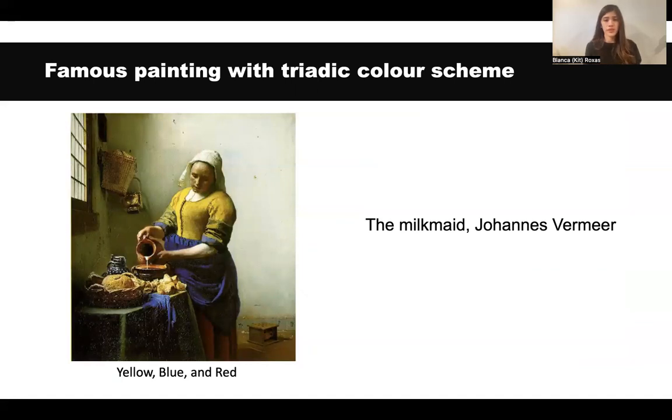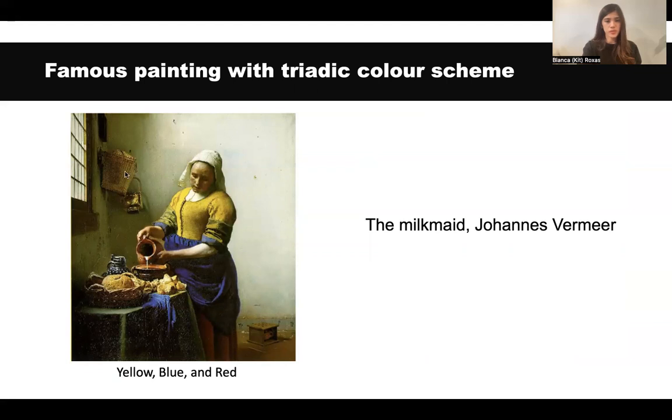So this painting is The Milkmaid by Johannes Vermeer. So I'm not sure if some of you are familiar with Johannes Vermeer, but he's the one who painted The Girl with the Pearl Earring. There's a movie of that, so you may be familiar, some of you. So this is considered a triadic color scheme because it has yellow on this part, blue, and red.